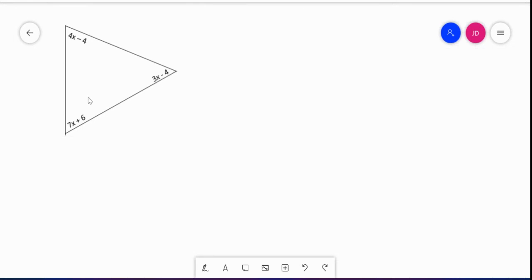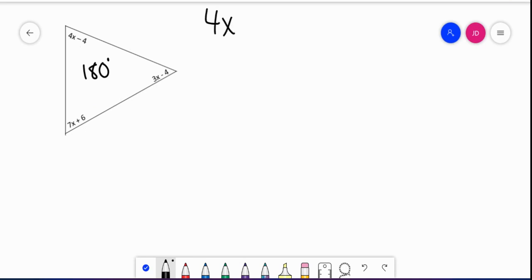All right, we have three sides here, right? Triangle. So that means it's going to be 180 degrees. Now, what I like to do with these is I like to line them up vertically so it helps me see my like terms. So I'm going to put the 4x minus 4 first, and then the 3x minus 4, and then the 7x plus 6.